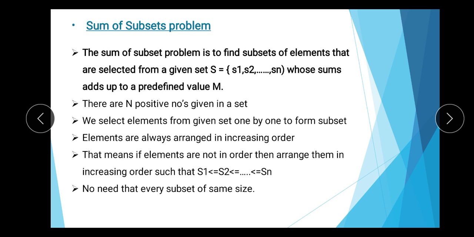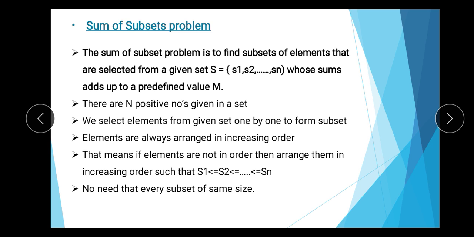Now, what is the sum of subset problem? The sum of subset problem is to find a subset of elements selected from the given set S, which contains elements S1 to Sn, whose sum adds up to the predefined value m.